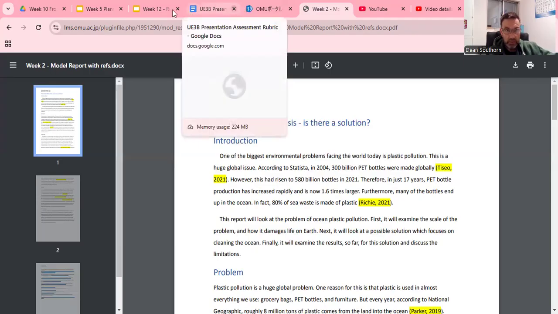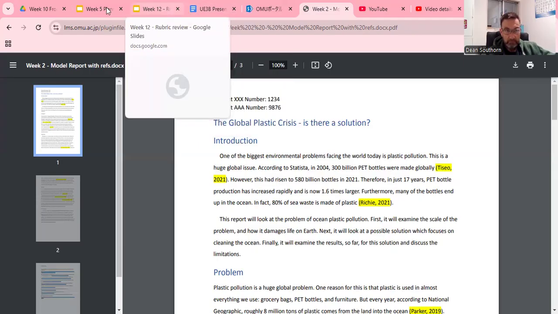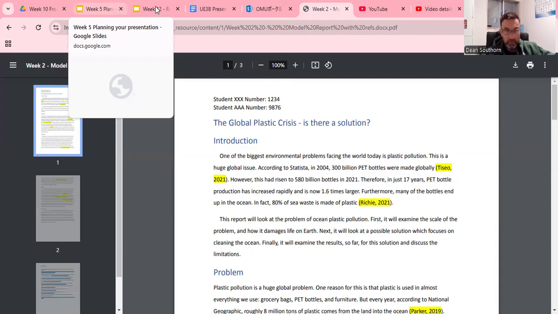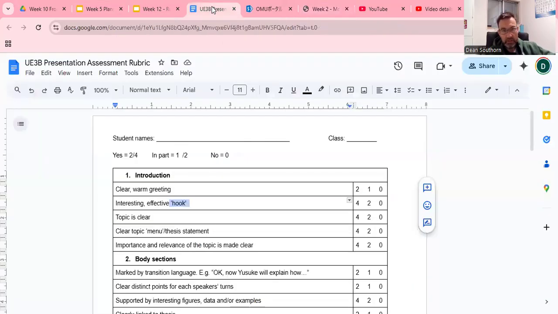There are other ways that we will discuss in class, but try and make it interesting. You could also hint. Another method would be hinting.